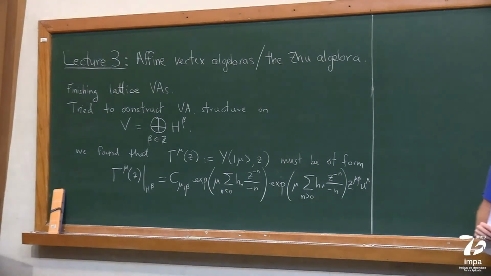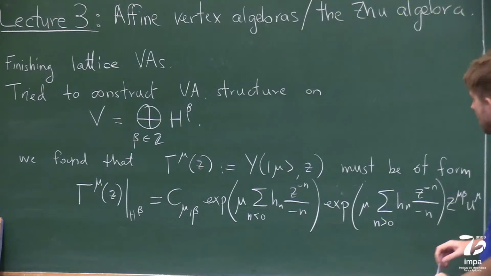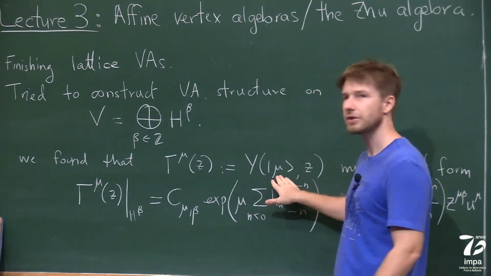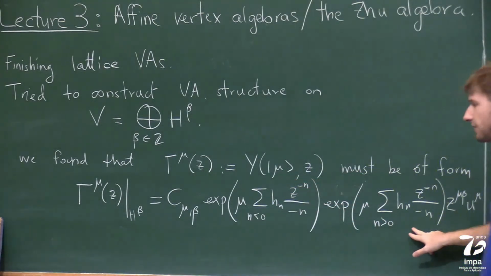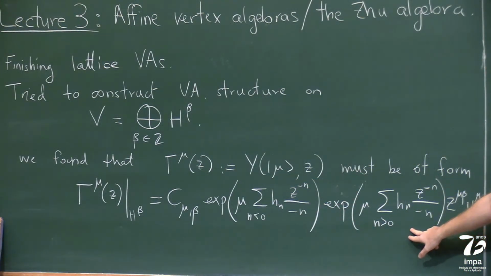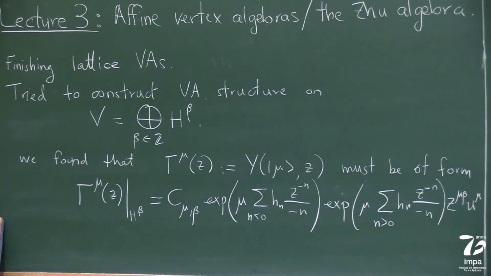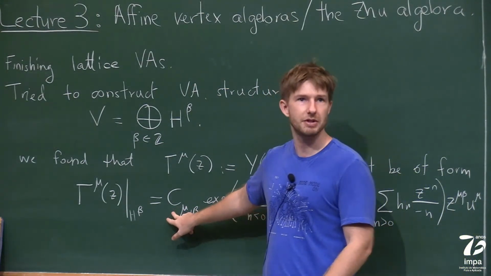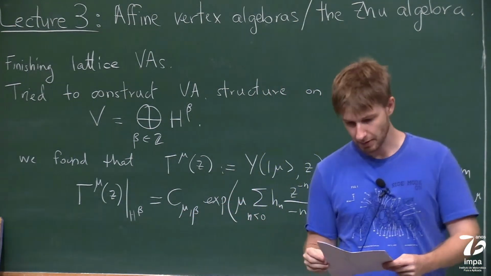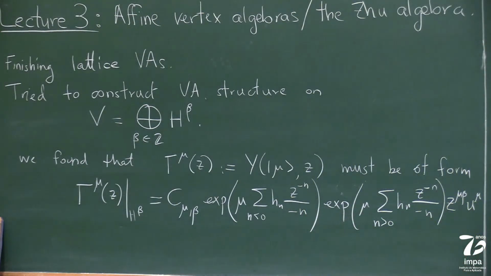Okay, and we discovered that the vertex operators associated to these vectors mu have to have this very specific, very complicated form, okay? So basically what's left to do is to figure out what these coefficients have to be. To do this, the first thing I want to do is to rewrite the thing slightly to facilitate.